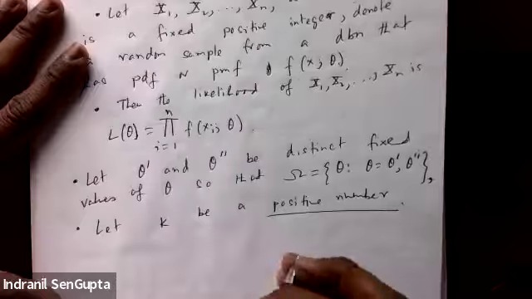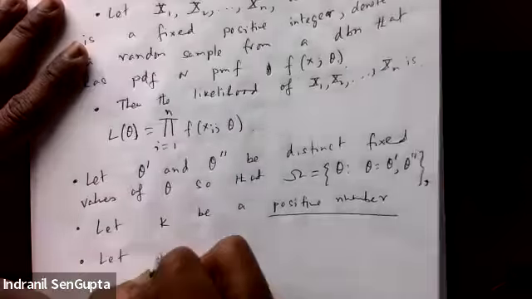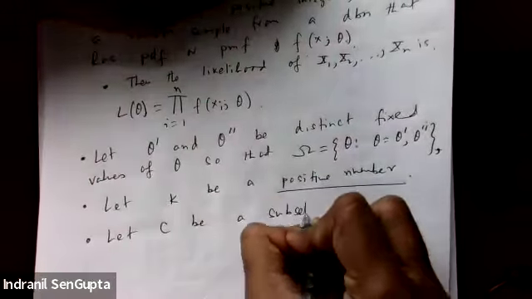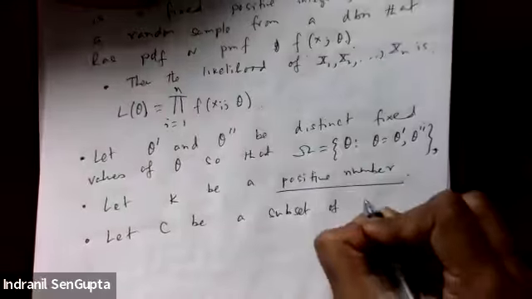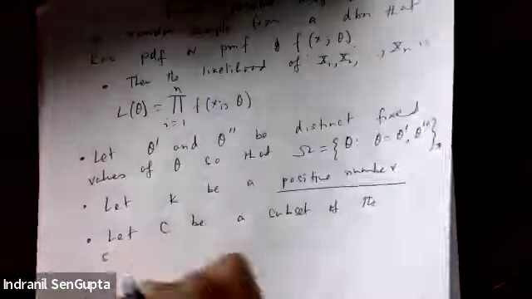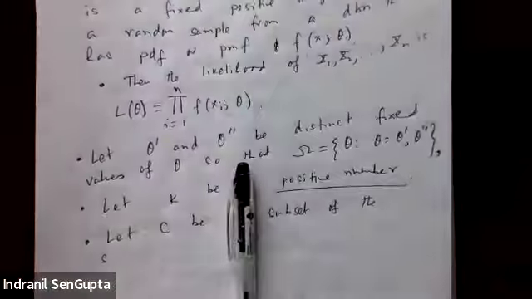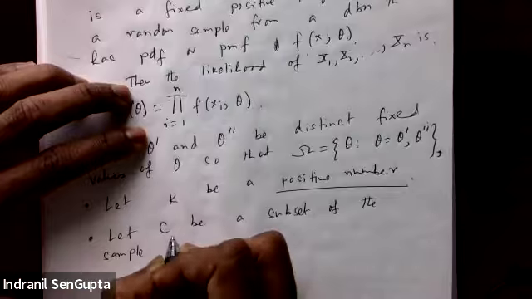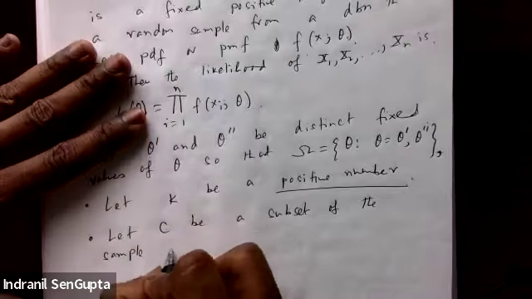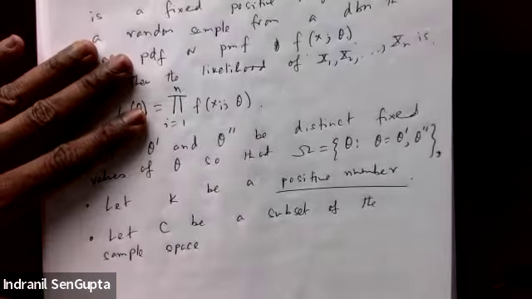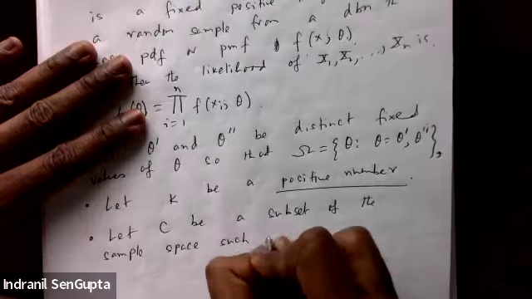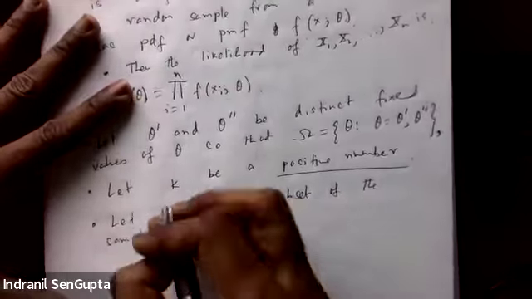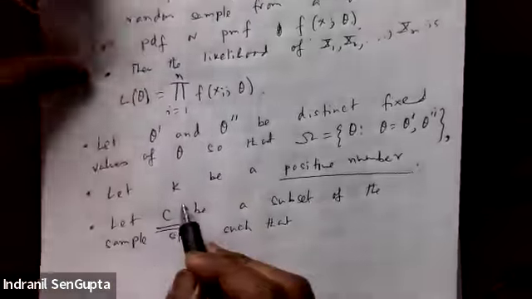Now suppose that C is a subset of the sample space such that the following three conditions are true. So I now have a region C. Eventually, we will be calling this a best region.